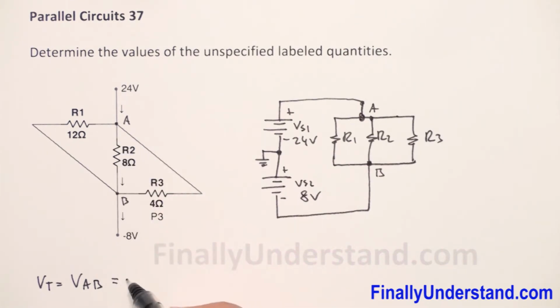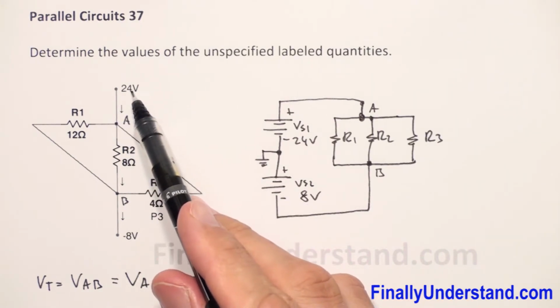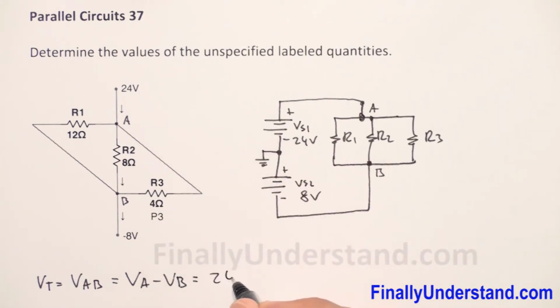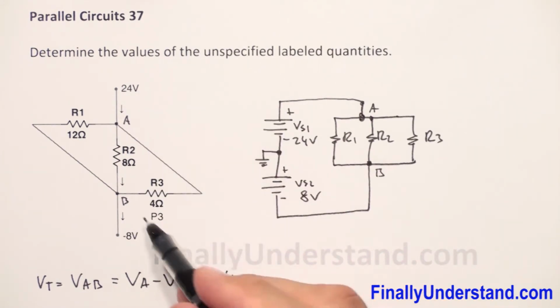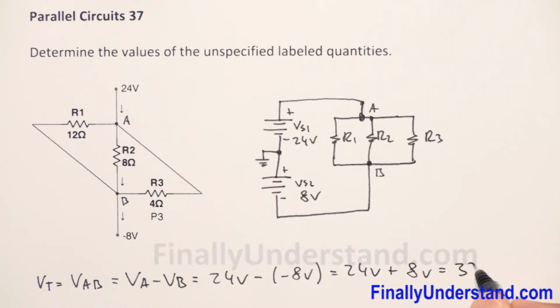This is nothing else but VA minus VB, where VA is the voltage over here, 24 volts, minus, and at B I have negative 8 volts. So I have 24 volts, negative times negative is positive 8 volts. This is equal to 32 volts. So this is the voltage across the resistors.